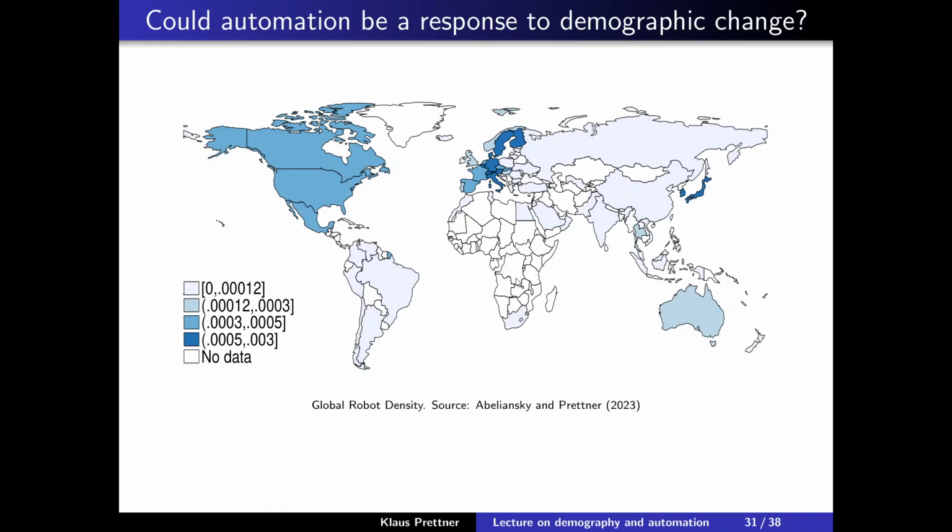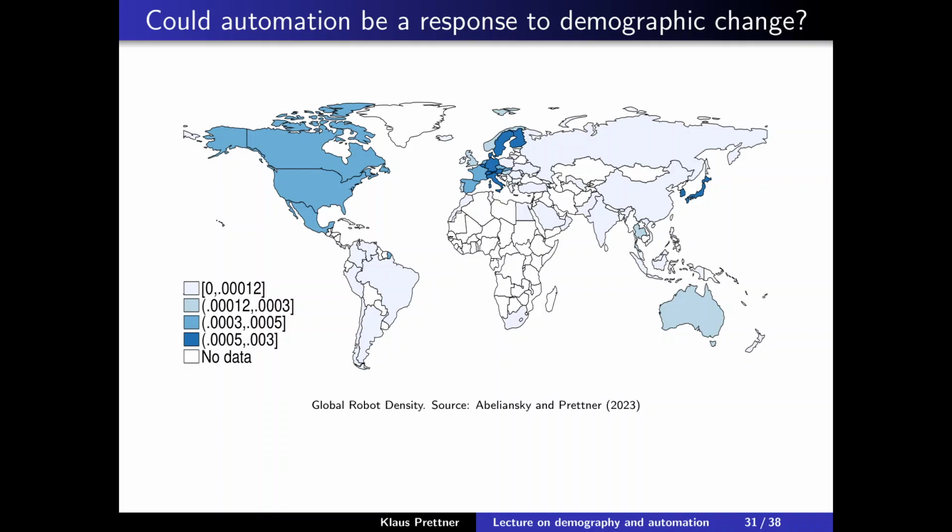White color means no data, but that is very much in line with having a low number of industrial robots. So in general, we can say that across the world, countries with a darker color here have more robots, and countries with a lighter color have fewer robots. What we see is that particularly those countries that face severe demographic challenges, with very low fertility rates and strong population aging, such as Japan, South Korea, Germany, and Italy, have a high robot density.